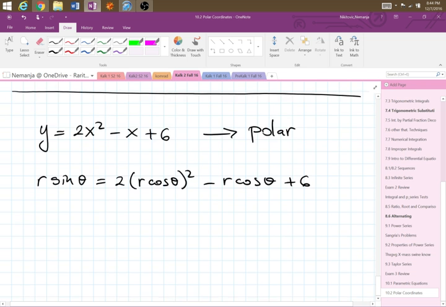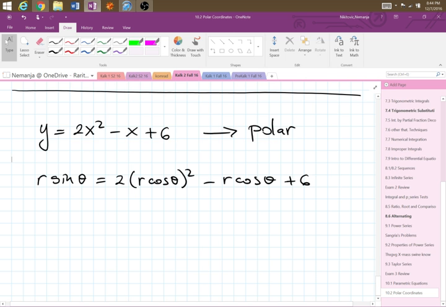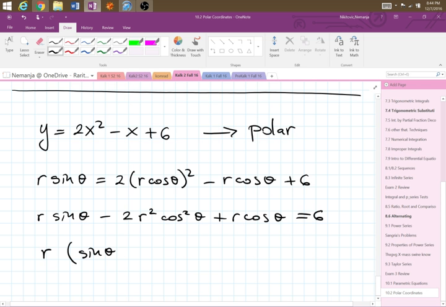It's very simple. So the best we can do is move these terms to this side. Equals 6. Factor out a single r, which will give me sine theta plus cosine theta minus 2r cosine squared theta equals 6.